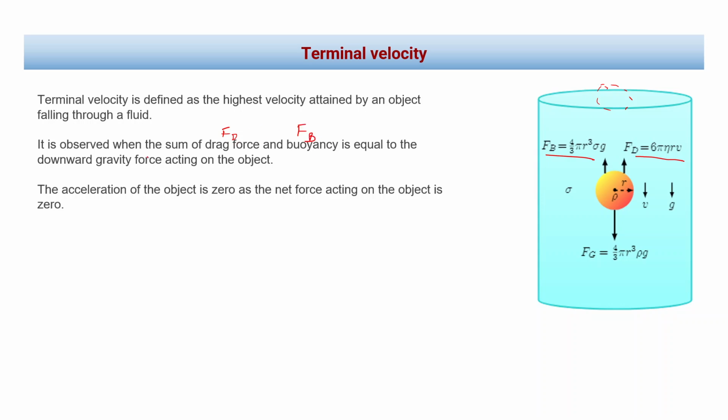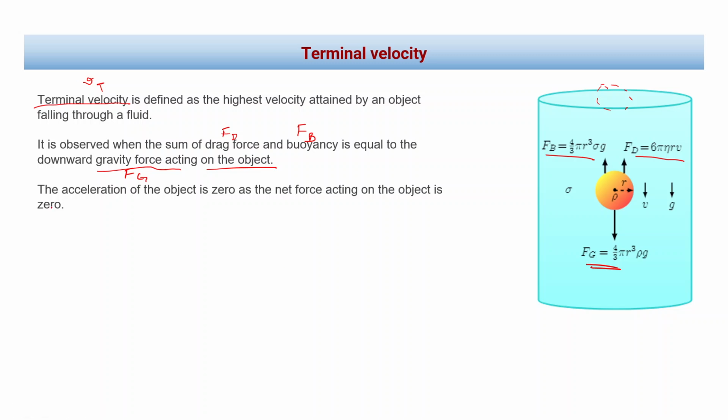When these two forces are equal to the downward gravity force acting on the object, so when they all get balanced, the net force on the object becomes 0, then the velocity of this spherical body becomes constant, and it becomes maximum after a certain time. That maximum value is what is called terminal velocity. We can denote it with v with subscript t.